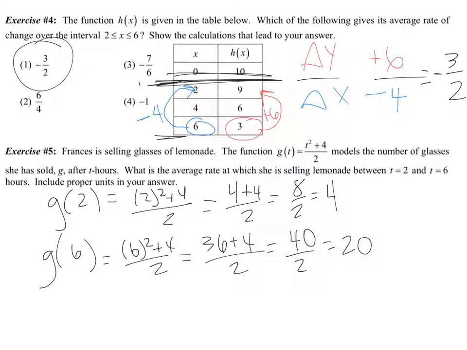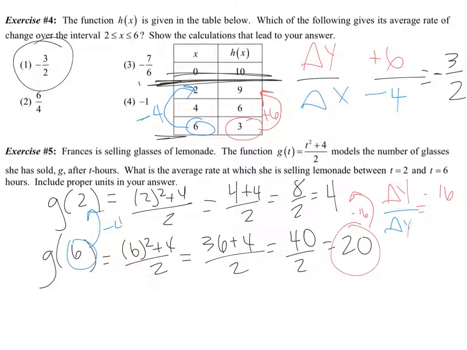So now we need to find our average rate of change. So from 4 to 20, because that's our change in y, 4 to 20 is 16. So 16 is our change in y. Then from 2 to 6, you go up 4.